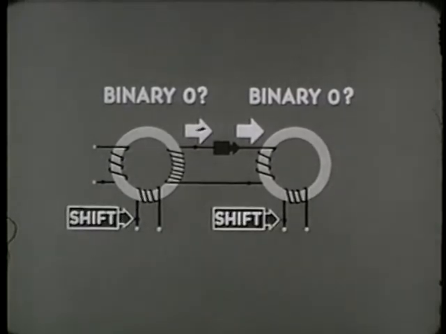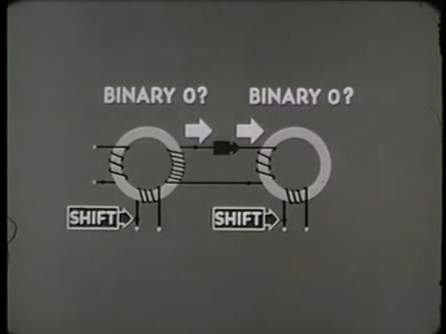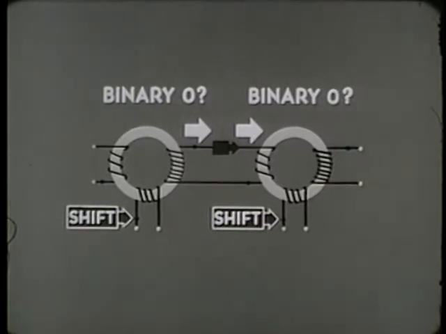The shift winding shifts or transfers bits from one core to the next, as these two will demonstrate. But we'll complete our diagram first by giving the second core an output winding that is identical with the first core's output. And for this example, we'll assume that both cores are in the zero state.